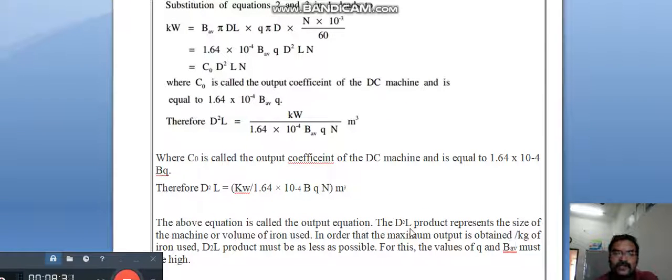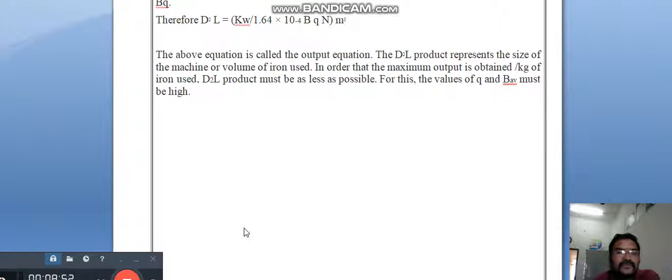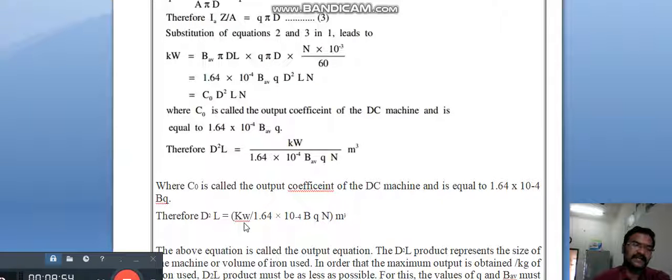The D square L product represents the size of the machine or the volume of iron used. In order that the maximum output is obtained per kilogram of iron used, the D square L product must be as small as possible. For this, the values of q and B_av must be high. If we increase the specific magnetic loading and specific electric loading, then the length and diameter of the machine will be reduced.